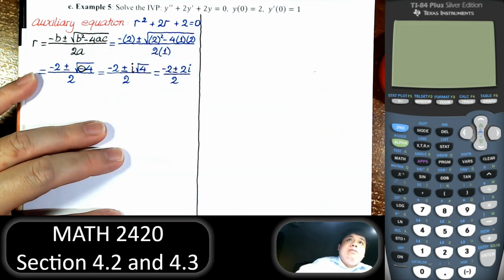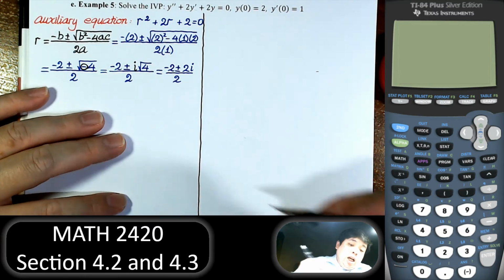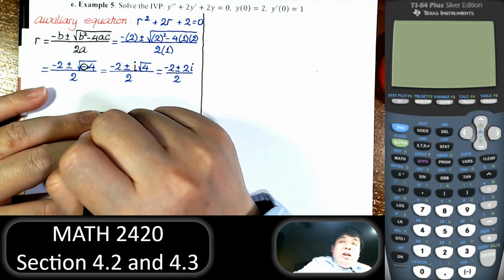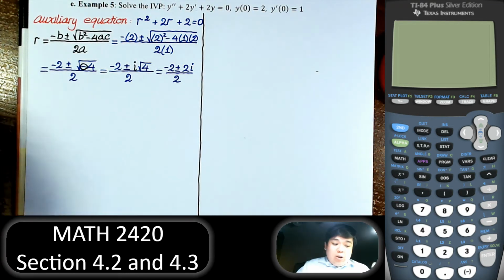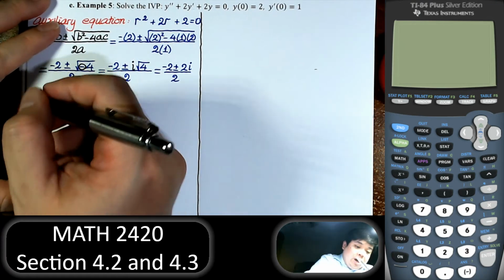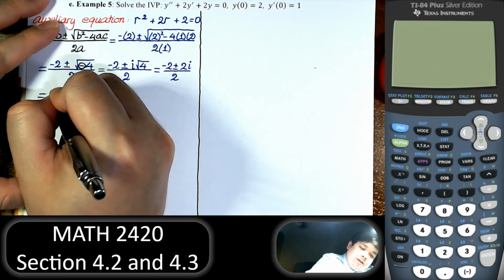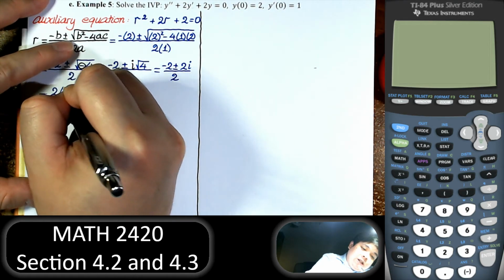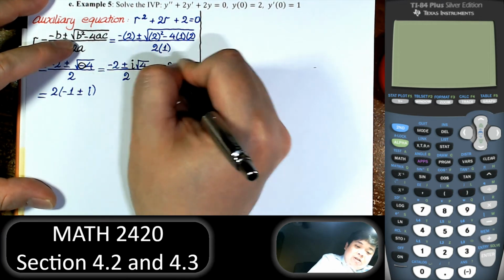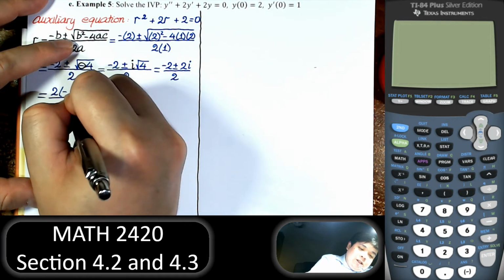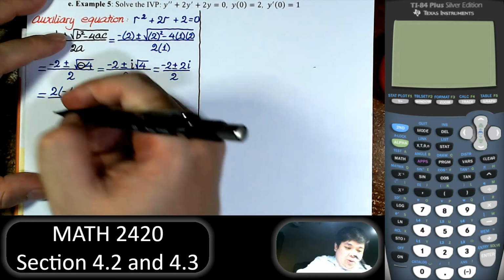over 2. Once again, do not cancel the 2 here. Factor and then cancel. Both of them are even, both of them are divisible by 2. So I'll do that. Factor out the 2. Negative 1 plus or minus i. Factor out 2 on the top, cancel with the 2 at the bottom.